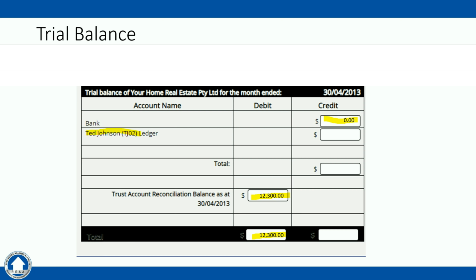That is the only active ledger for the month, with an amount of $12,300 remaining. So we list that down, and then we tally the totals being $12,300. Our total amount again being $12,300, which, as you can see, when we compare the debit and credit amounts, they are balanced.